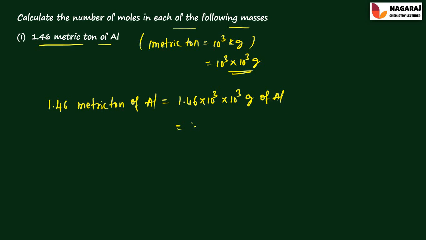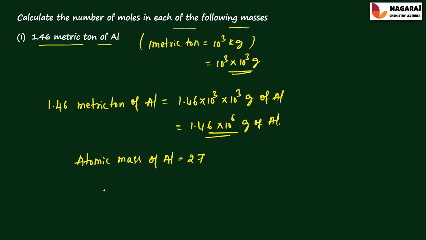So that is equal to 1.46 into 10 to the power 6, so 3 plus 3 is 10 to the power 6 grams of aluminum, right? So atomic mass of aluminum is 27. That is, atomic mass of aluminum is equal to 27.